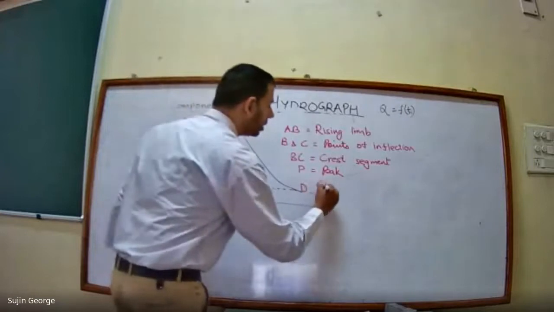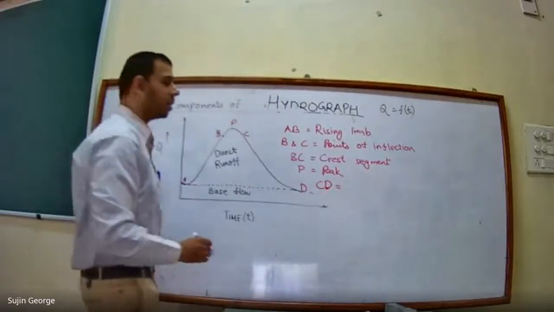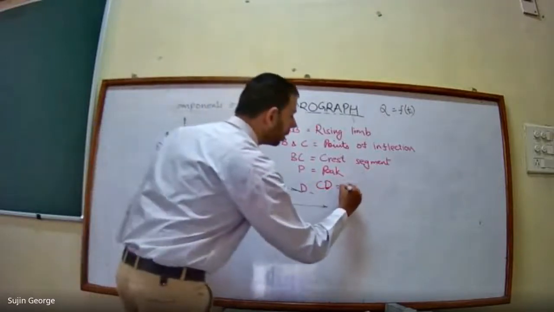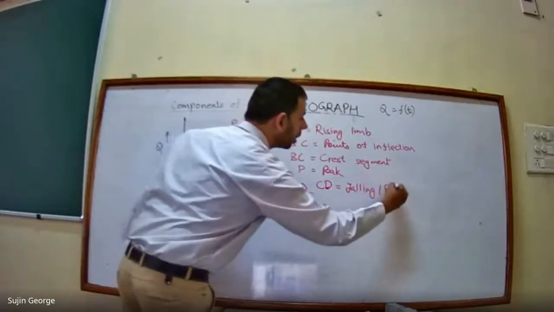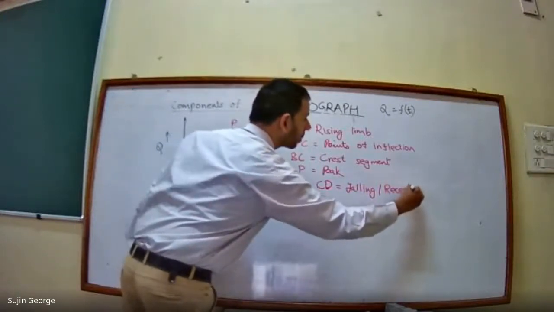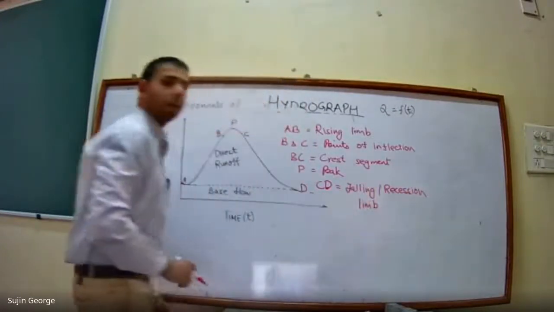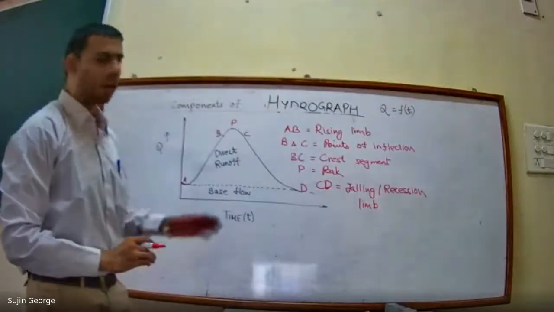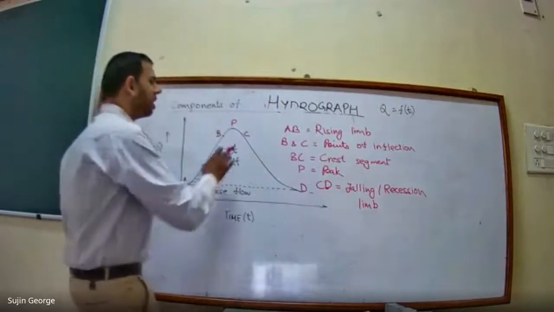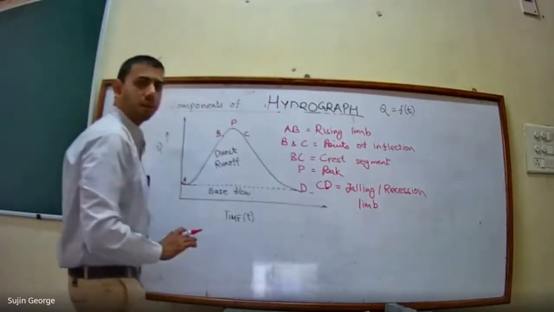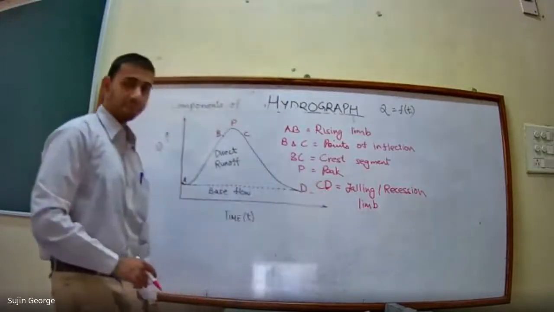So here, this curve CD is known as the falling or recession limb. And ultimately it will reach a zero level.